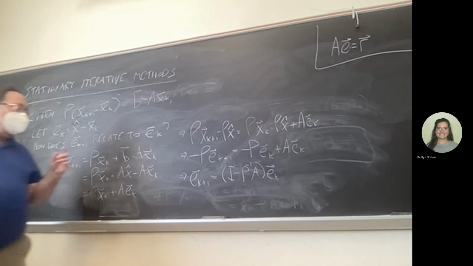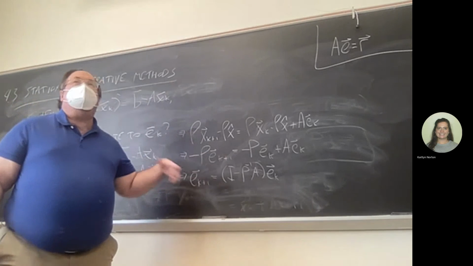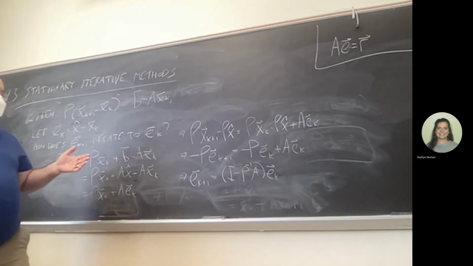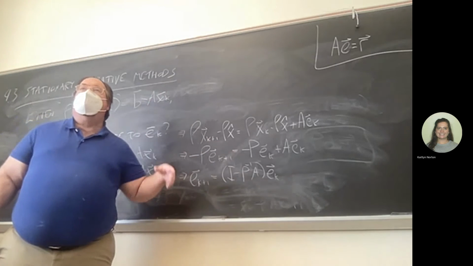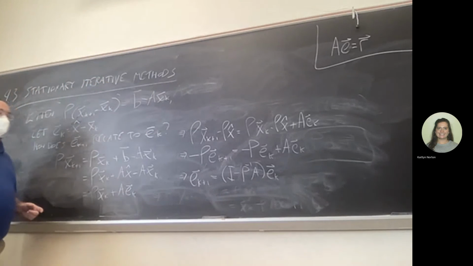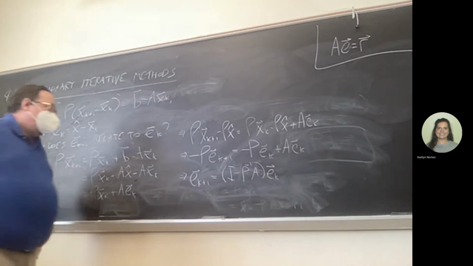Since the error at each iteration is just the previous error times a fixed matrix, to get the error over many iterations, I'm just going to keep multiplying by this matrix. Then that gives me a sequence of errors. How do I know whether those errors are going to 0?